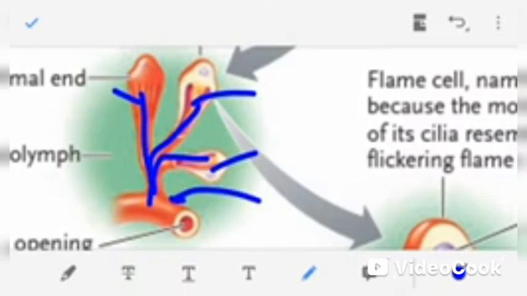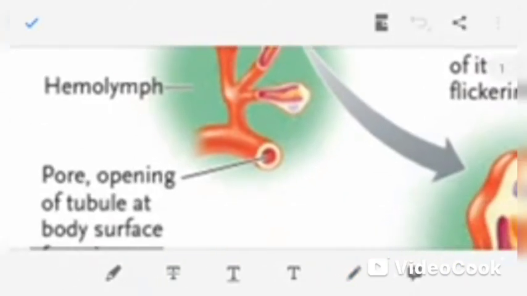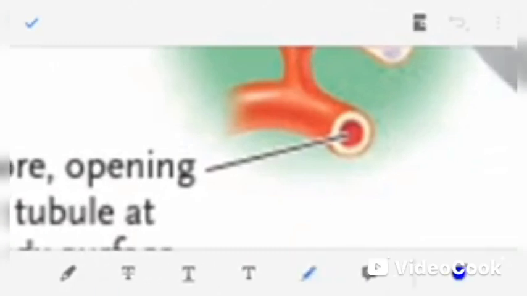Now the cells which are present in the tubule are going to reabsorb some important solutes and ions, and the nitrogenous waste is going to be removed by this pore.